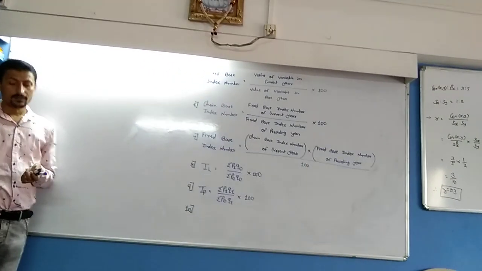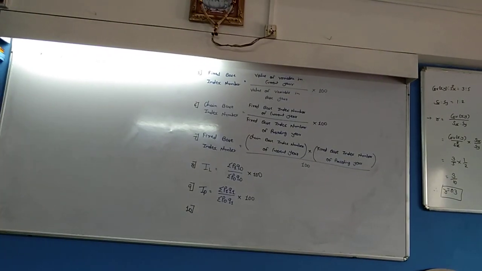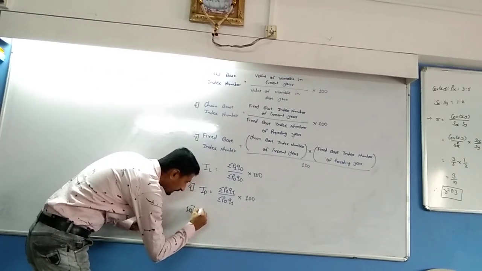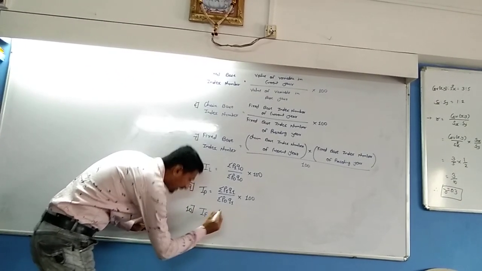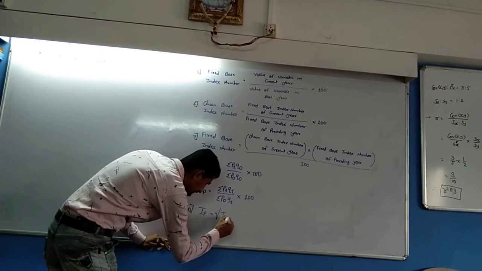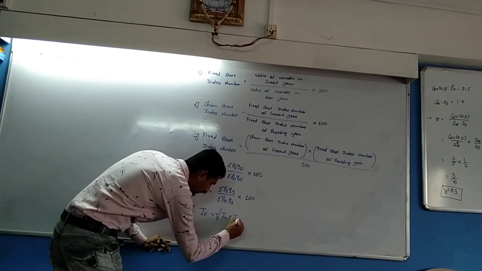Next, Fisher index number. IF is equal to in root IL into IP.